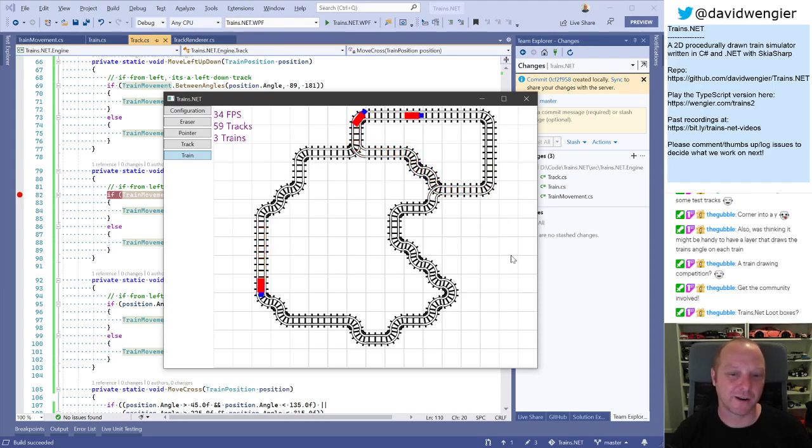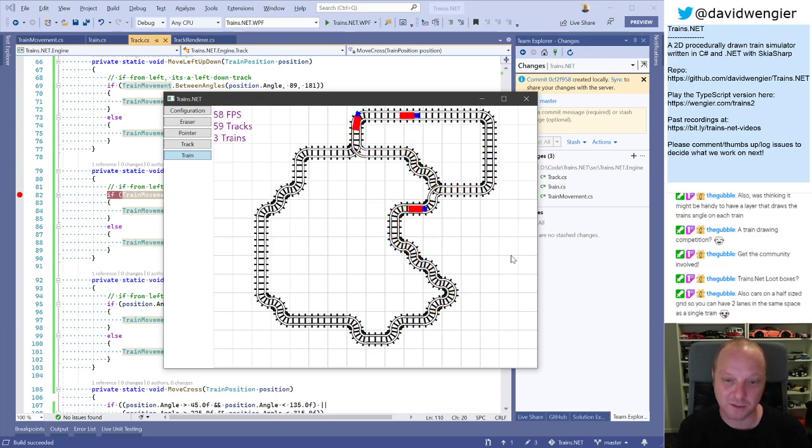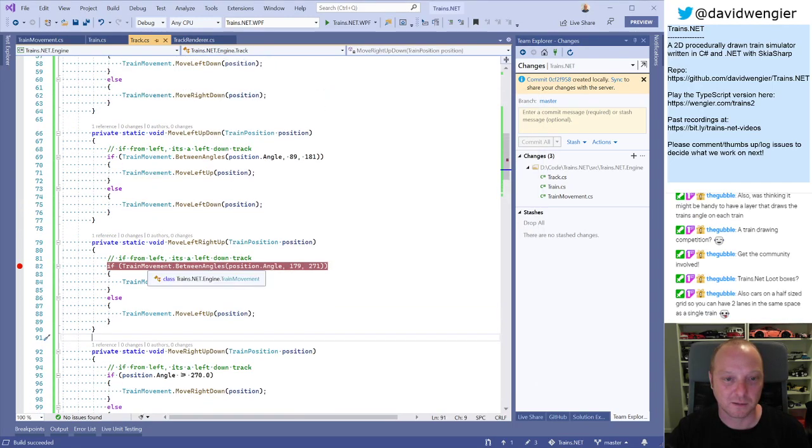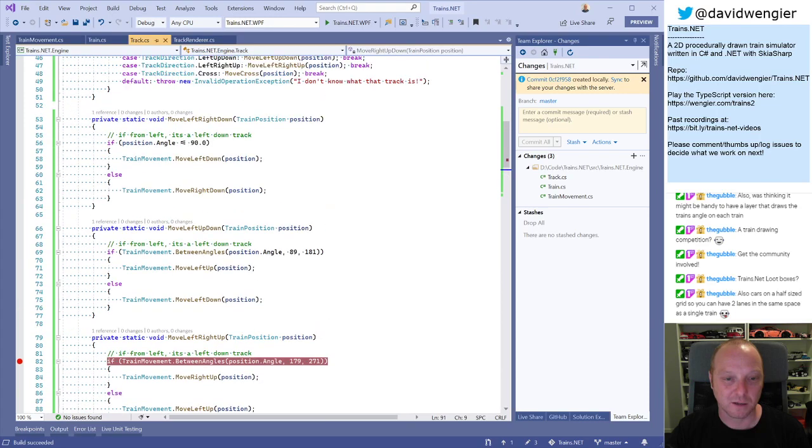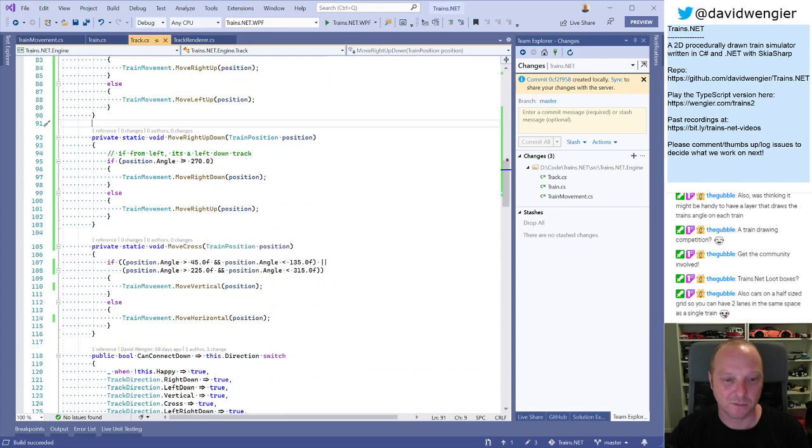That's very frustrating. Yeah, I really want to do roads. I could totally see having different types of trains that can be on the tracks, but also different types of tracks. Left, right, no, what is it? It's right, up, down.